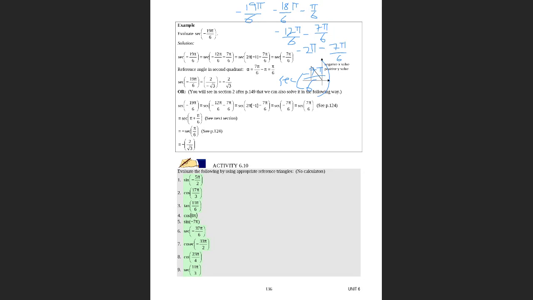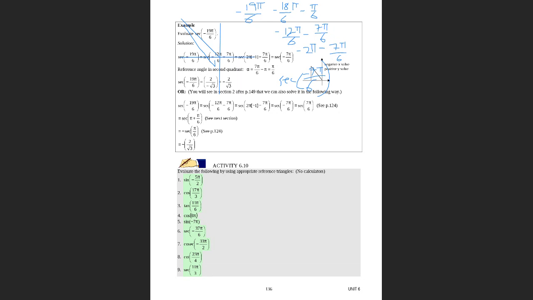Then we can use our reference angles. Remember that we did reference angles. We did reference angles to see that this one will go in the opposite direction. Minus 7 pi over 6 is something like 210 degrees, so it will come to the second quadrant.